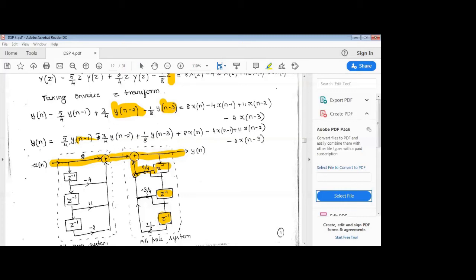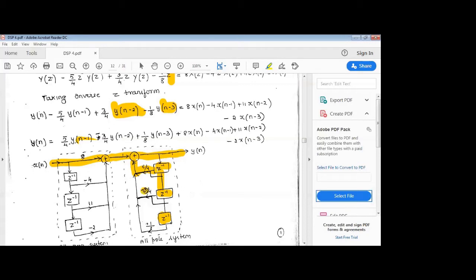What is the next step? Here we can see my y of n is given by minus 3 by 4 into y of n minus 2, that is the second delay element. So this is my y of n minus 1, and second one here, one more delay element. After this delay element, my answer will be y of n minus 2, and this has to be multiplied with minus 3 by 4.